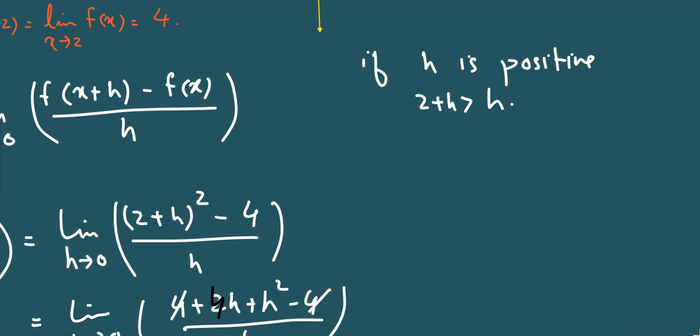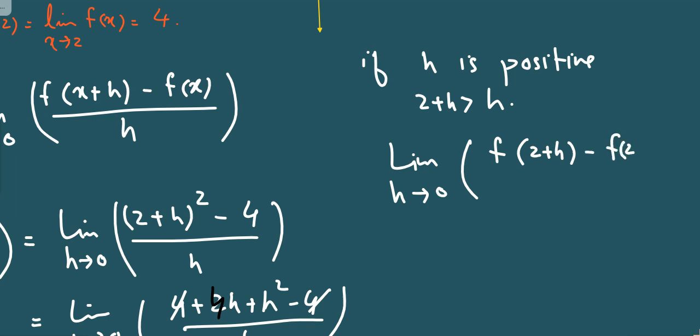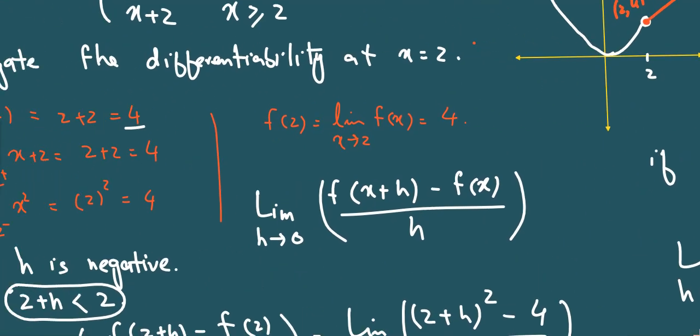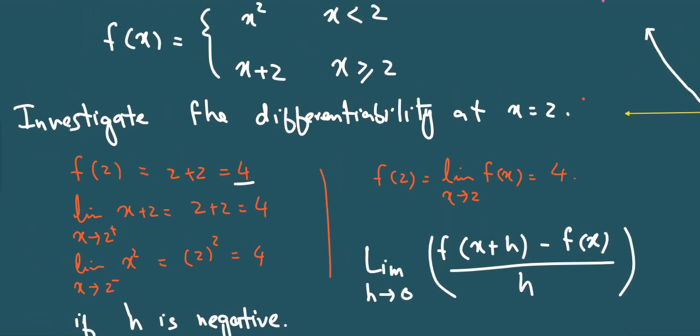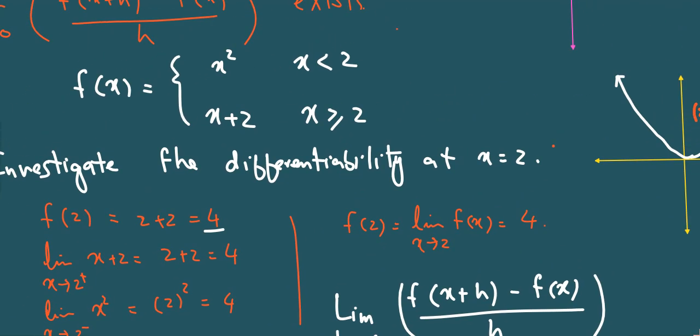So again, my function was limit h tends to 0 of f of 2 plus h minus f of 2 over h. Now the function is defined by which way? It is here, x plus 2.